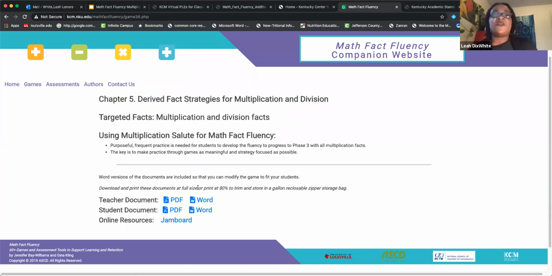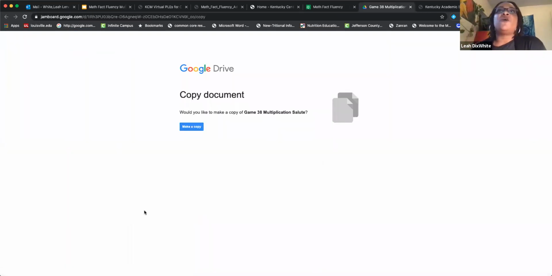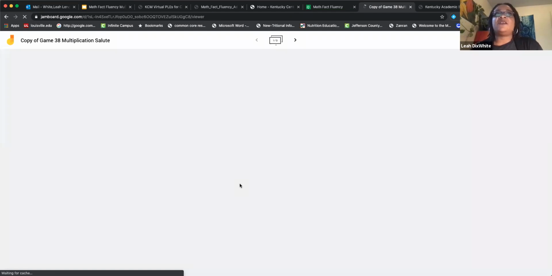And then within that link, you have a teacher and student document that you can print. And there is also a Jamboard. And so I wanted to give you an opportunity to play around with that. It'll prompt you to make a copy of the Jamboard so that you can interact with it.